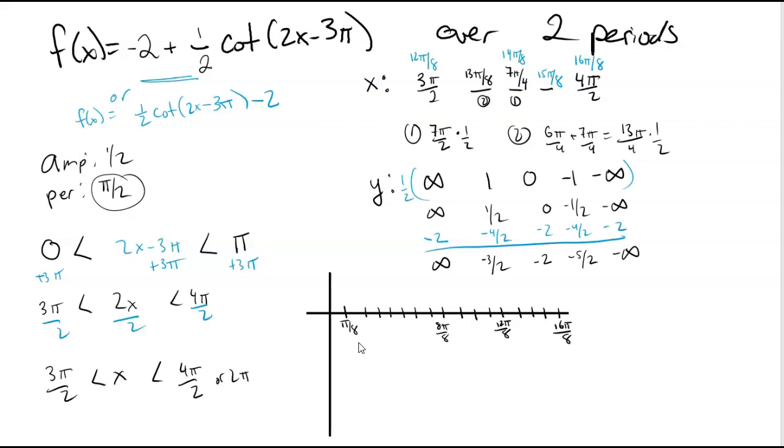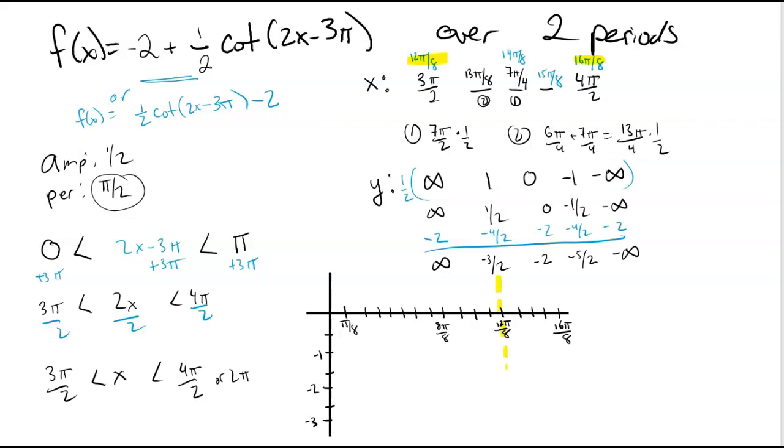All right, I want to go as low as -5/2, so I'm going to go by halves. I'm going to make this -1, -2, and -3. Okay, so my first one is my asymptote. My asymptote is going to be here and here.